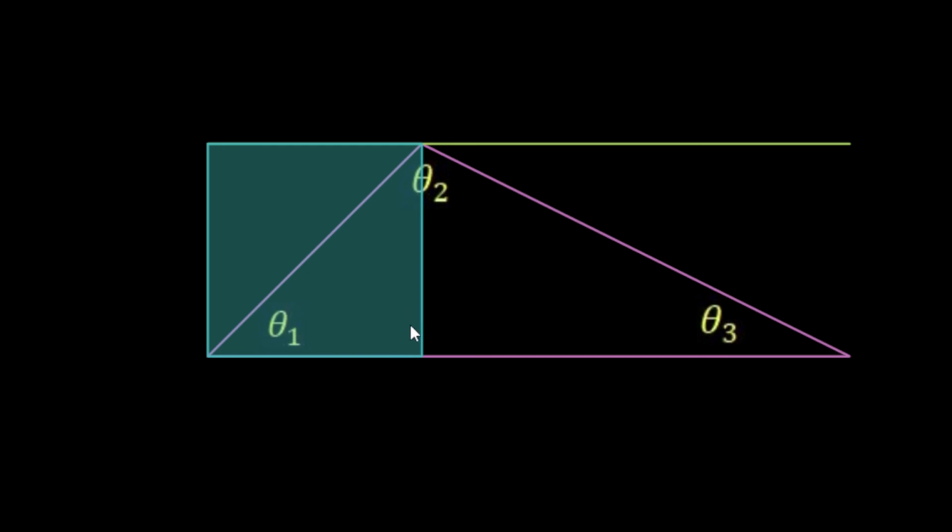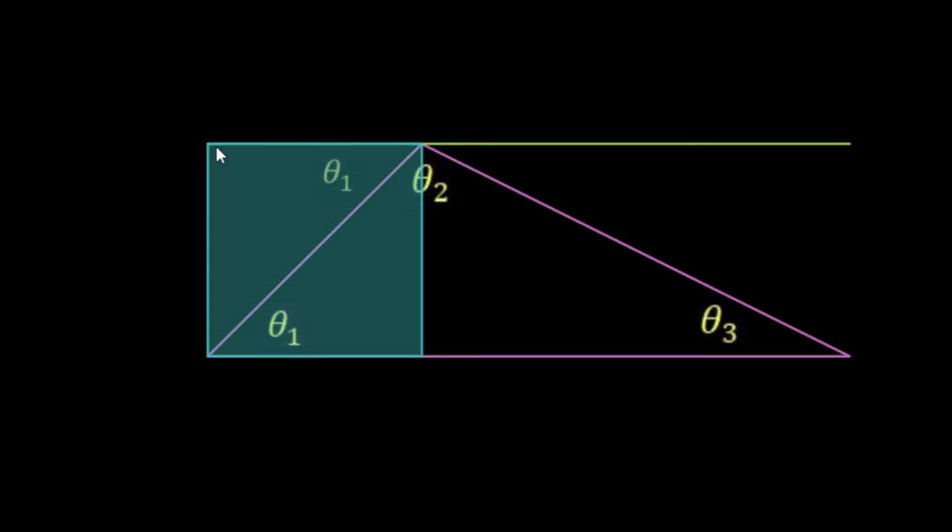The right angle would rotate round to this angle here, and the angle here would rotate round to this angle here. So we would have rotated this round 180 degrees, and this angle would have rotated round to here. So this here must just be the angle theta 1.